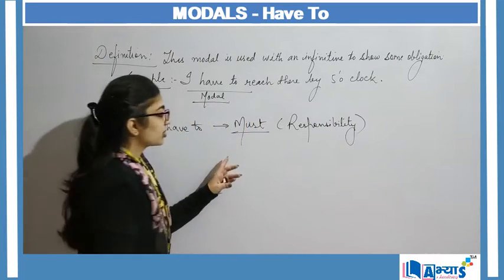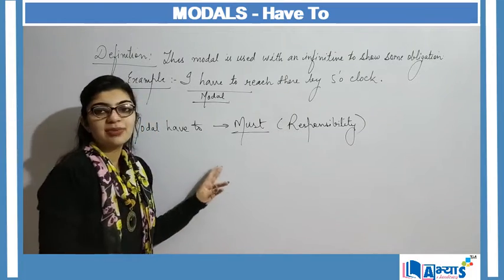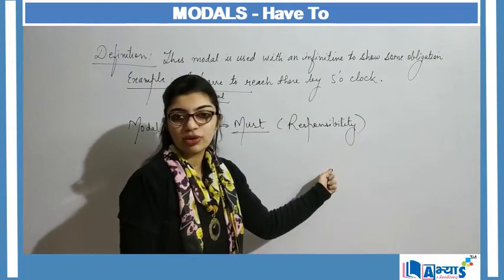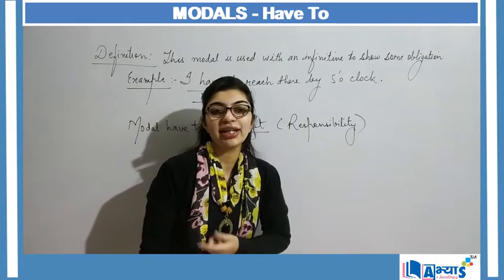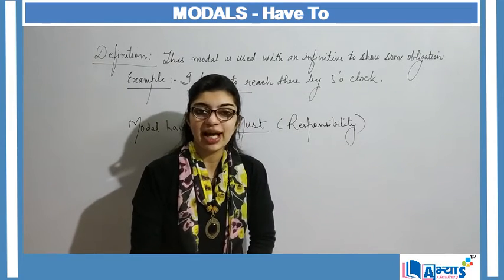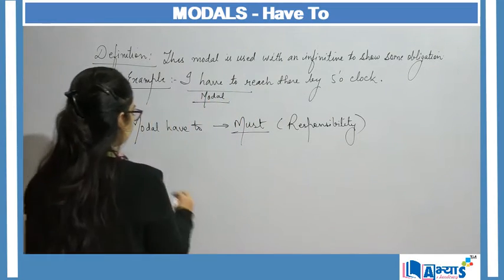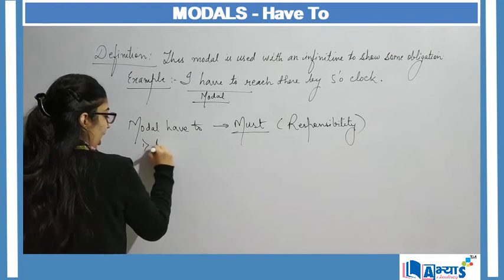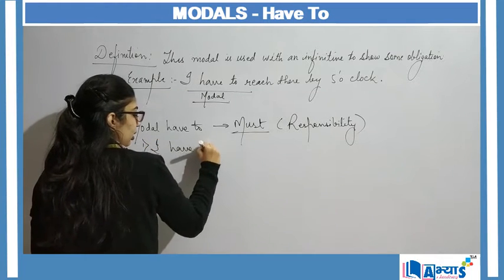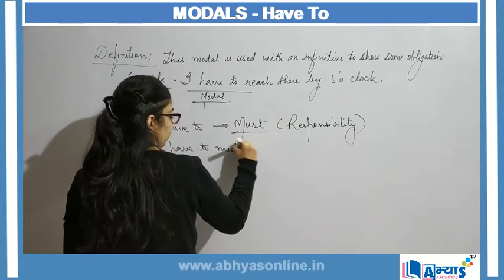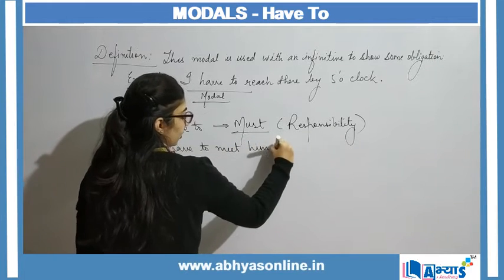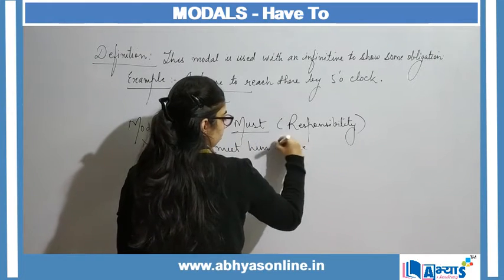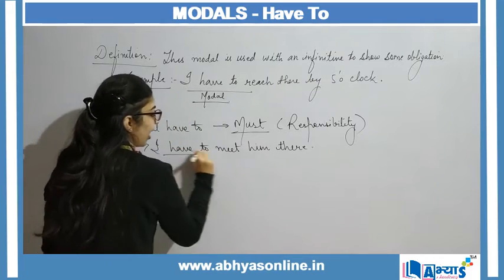So when we are using the modal have to as must, that shows some kind of responsibility. So for that I can use the example: I have to meet him there.